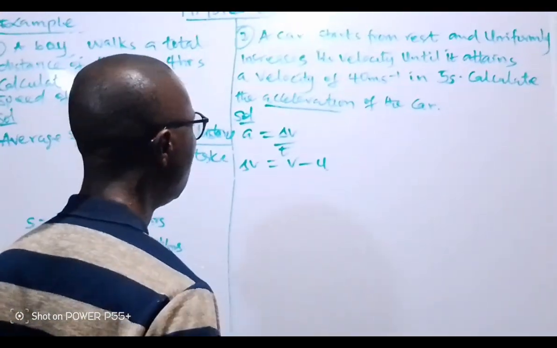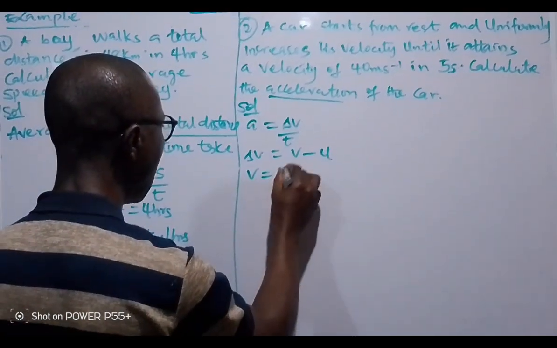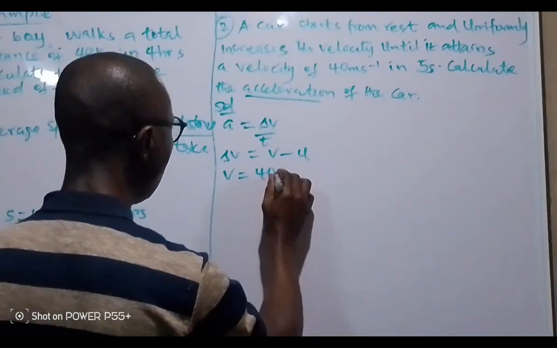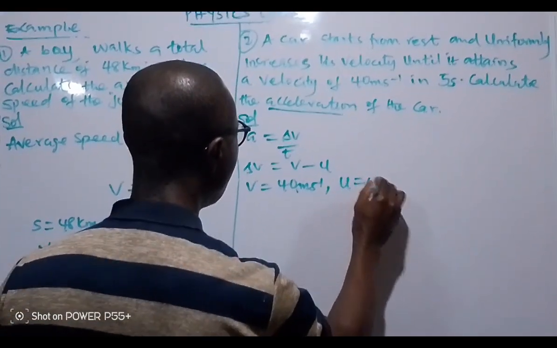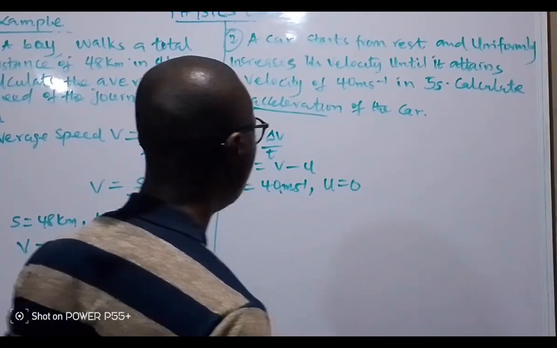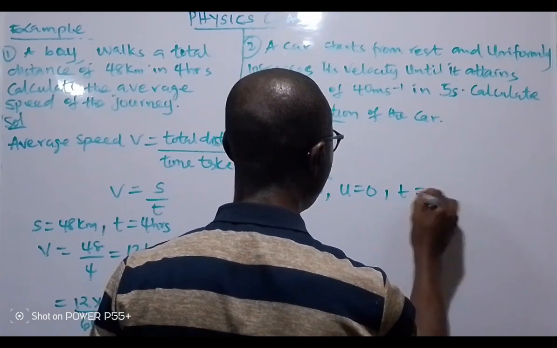From this question, V is given as 40 meters per second. U is equal to 0. Why? The question says the car starts from rest, so U will be equal to 0. And time is 5 seconds.